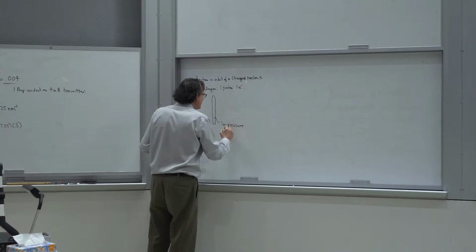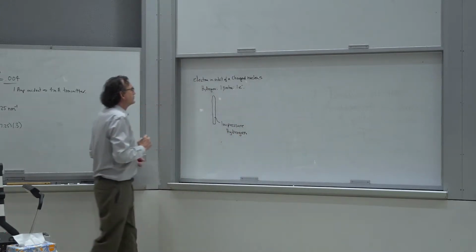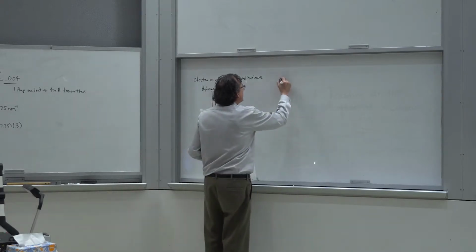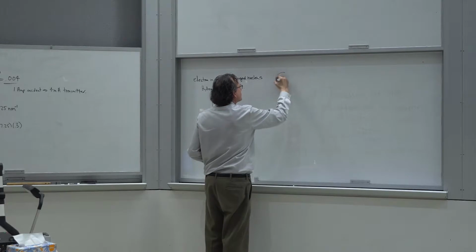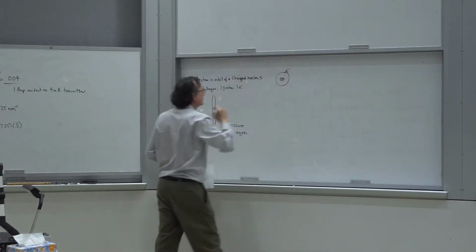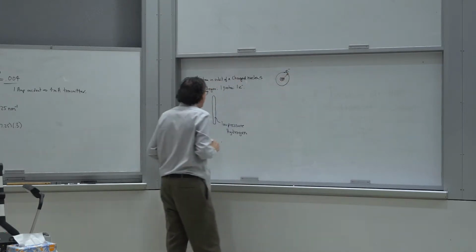Now we can use other gases as well, but for our purposes we want to focus on hydrogen. If I were to draw a simple orbital picture of hydrogen, the electron circles the nucleus at some radius from the center.